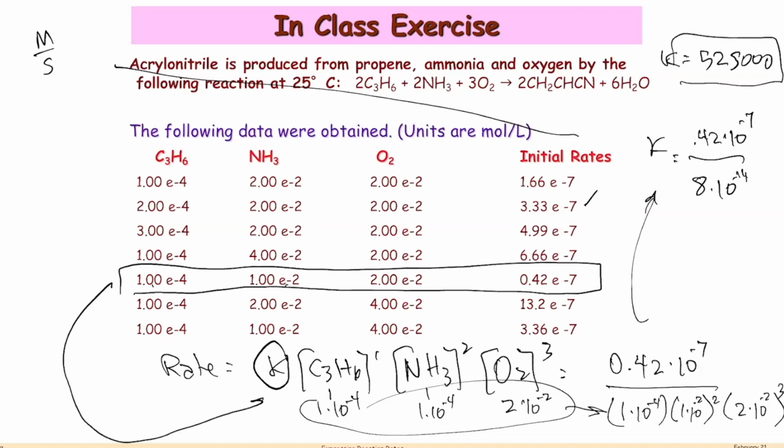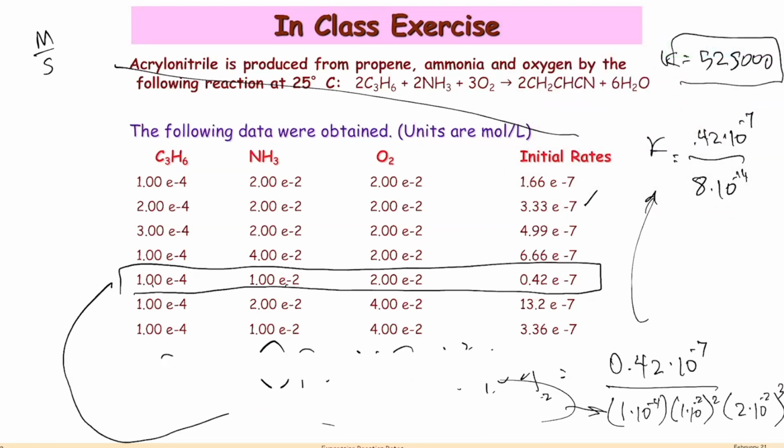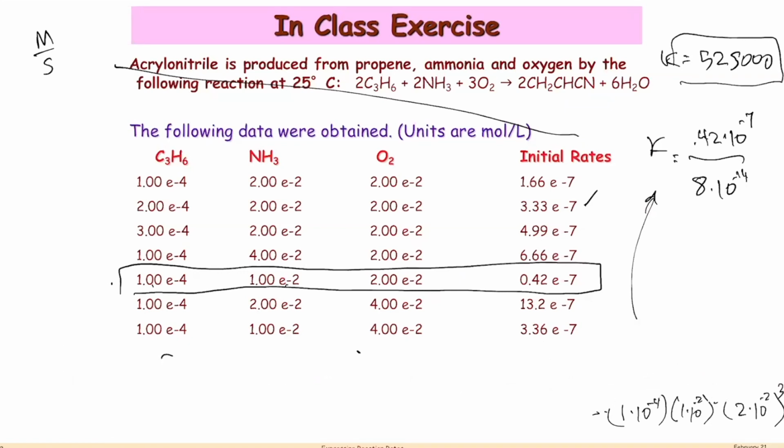And the way you do unit analysis is the following. Let me clean this real quick. And it's pretty simple if you just remember the order that this happens to be first, second, and third.